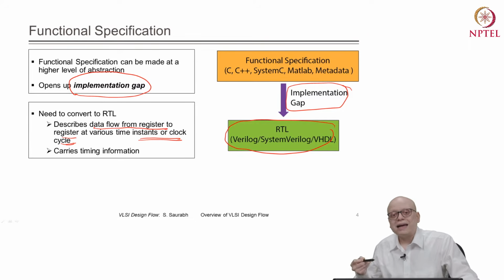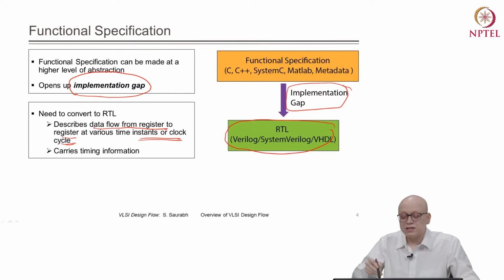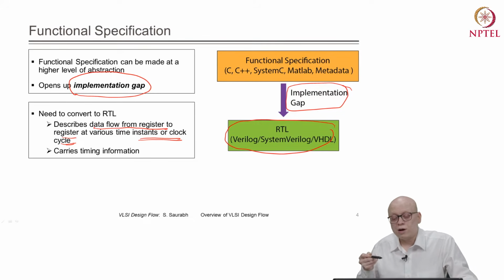So an RTL carries a kind of timing information, or which operation of the function is being performed in which clock cycle, right? And we need to take important design decisions such as pipelining and resource allocation and those kind of things which need to be there in the RTL, right? And this timing information is missing in the functional description or in a high level language, and therefore we need to fill that implementation gap. Now, how to fill that implementation gap, we'll see later.